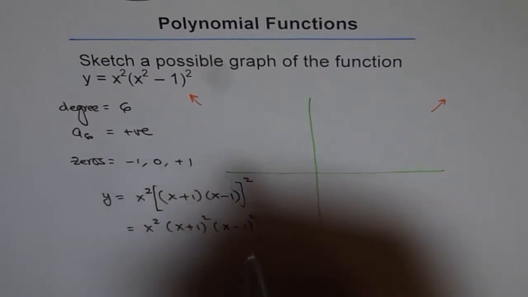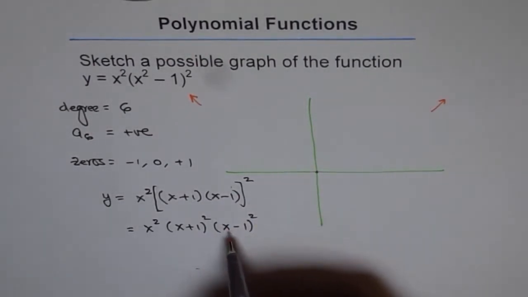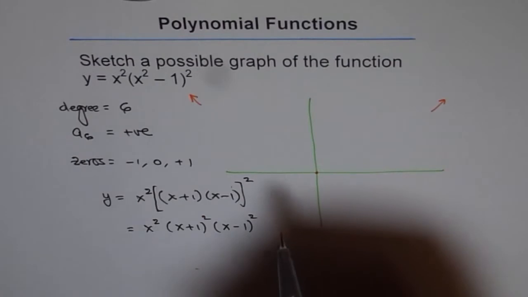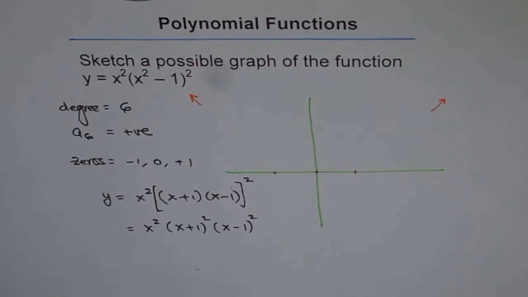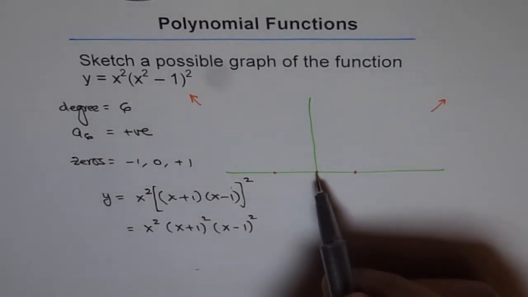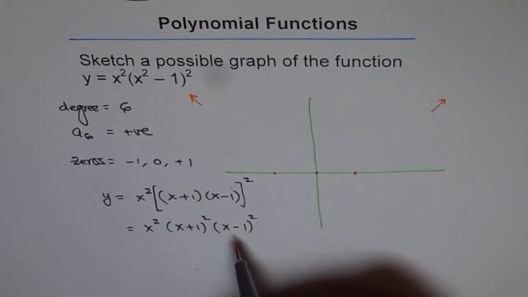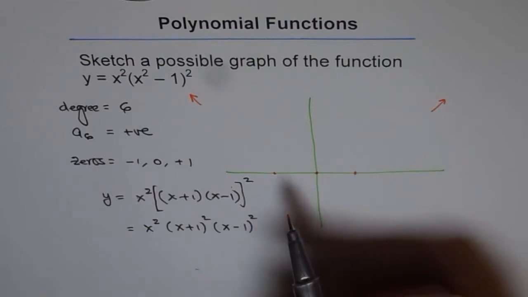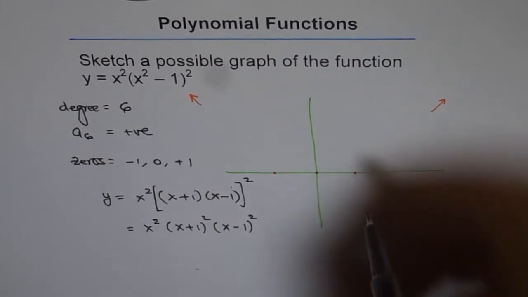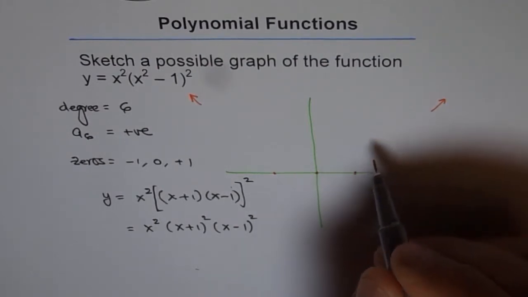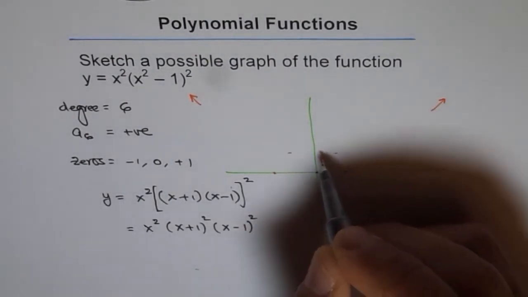Now let's look into zeros. We have a double zero at 0, and double zeros at 1 and minus 1. Let's say these are our zeros. The zero at 0 is also the x and y intercept there. Now the graph is positive between them. It's very difficult to get exact values, we can check one value and get some approximate value here, but since the graph has even symmetry, we will just turn somewhere from here and go back.